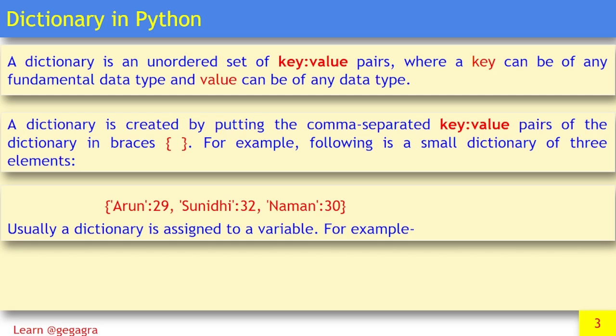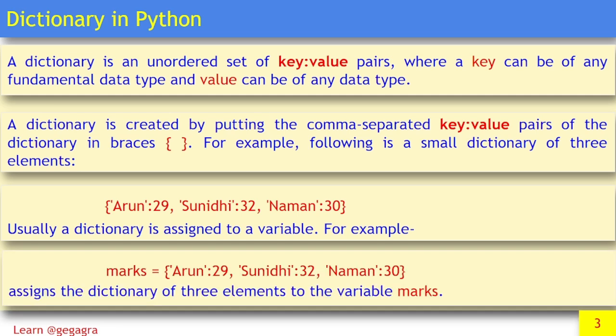Means this entire dictionary which I have created is not the complete dictionary unless I assign a variable here. So let's assign a variable like marks is equal to Arun 29, Sunidhi 32, Naman 30. So this is the dictionary and the variable assigned to it is marks. It assigns the dictionary of three elements to the variable marks here.